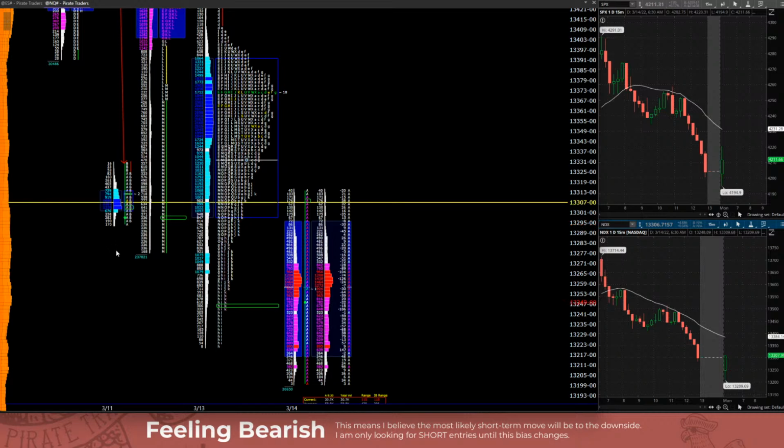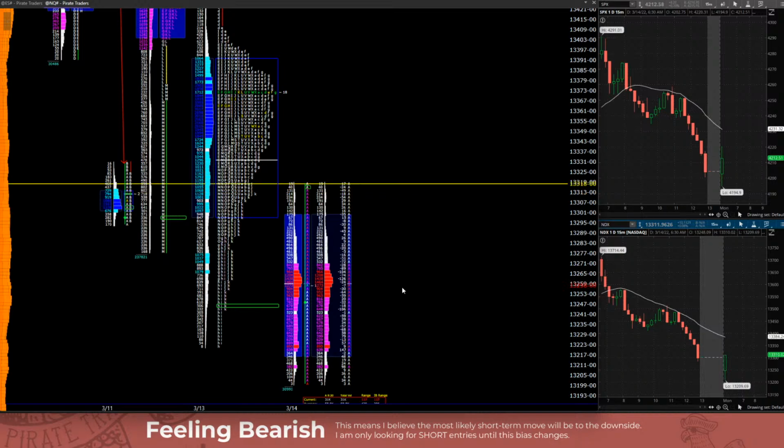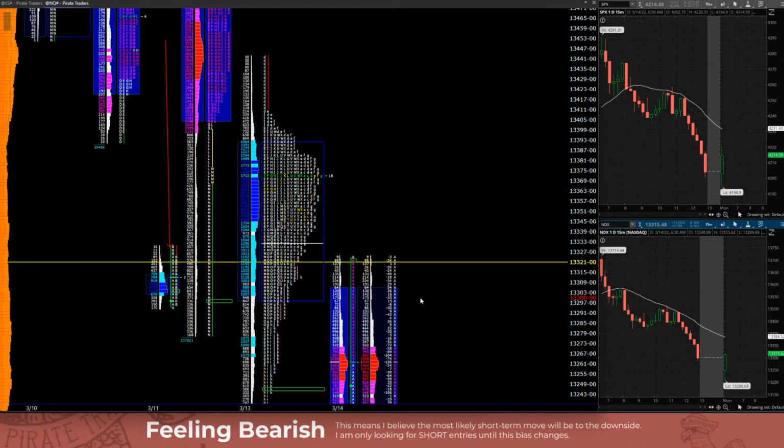They had a gap down on the NQ, which was bearish, but they filled that gap. So now we're looking for resistance on the NQ in this node right here between like 13,345 and 13,381.